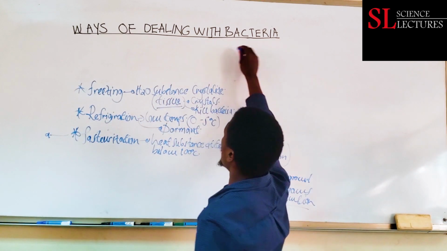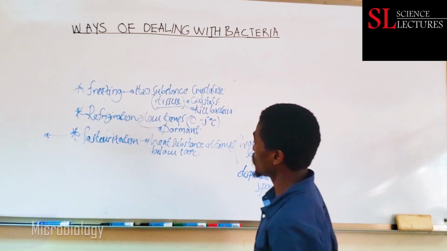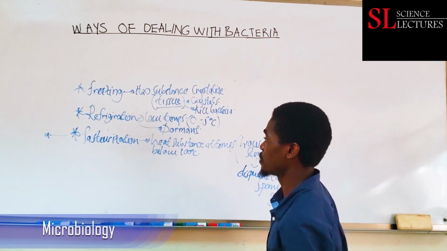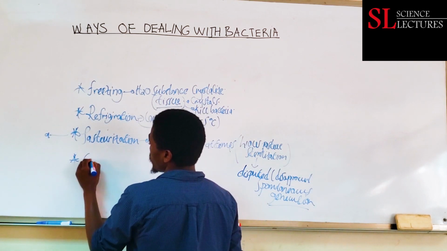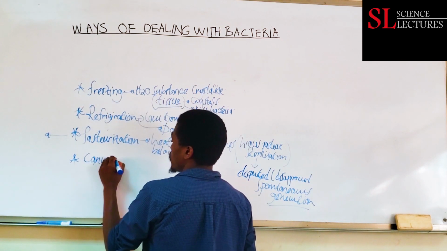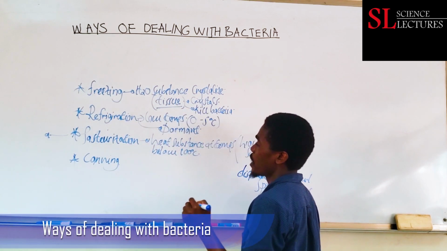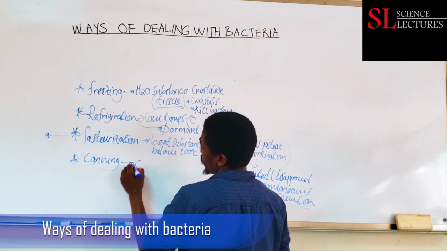So we can deal with bacteria using freezing, refrigeration, and pasteurization. Then we can also do what we call canning. This is where we have tins or cans and we store the food there.